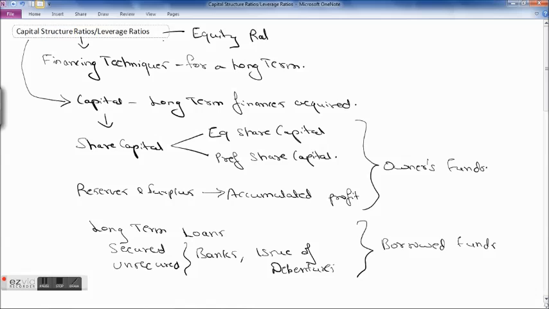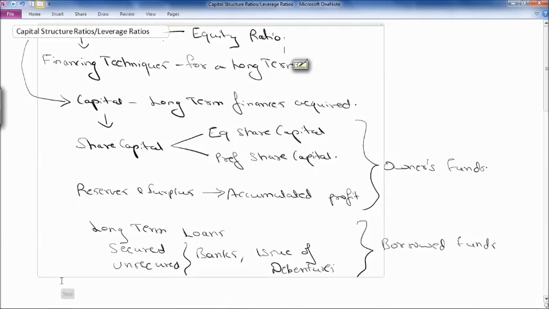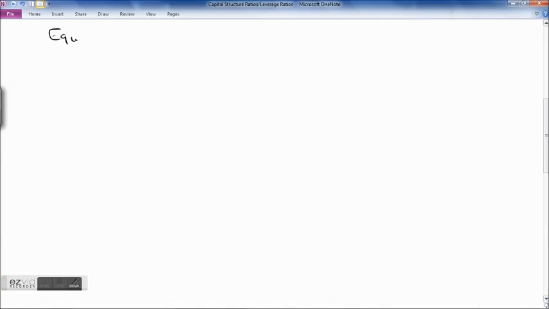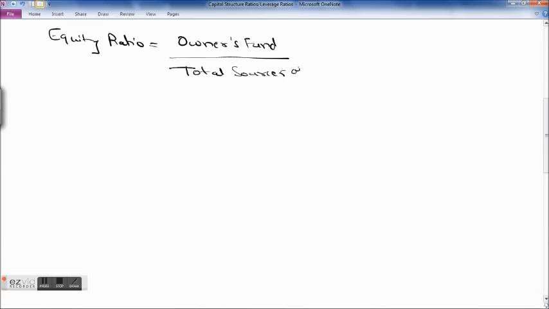That is the equity ratio. Let's see one example and learn what this equity ratio is. The equity ratio is owner's fund divided by total sources of funds.